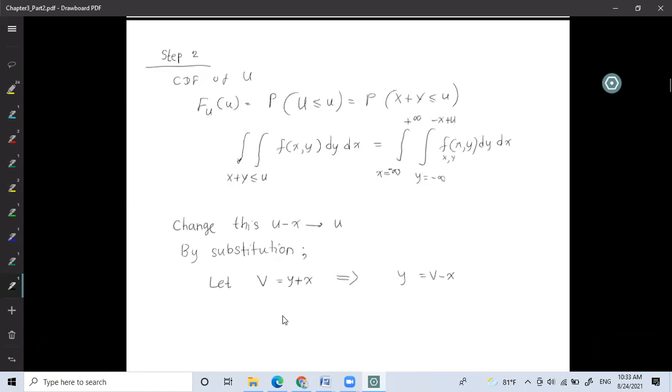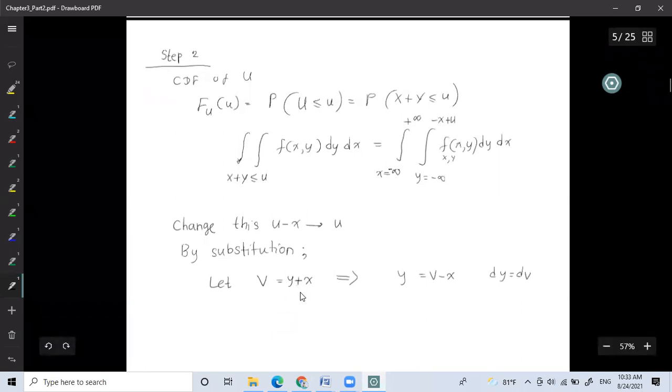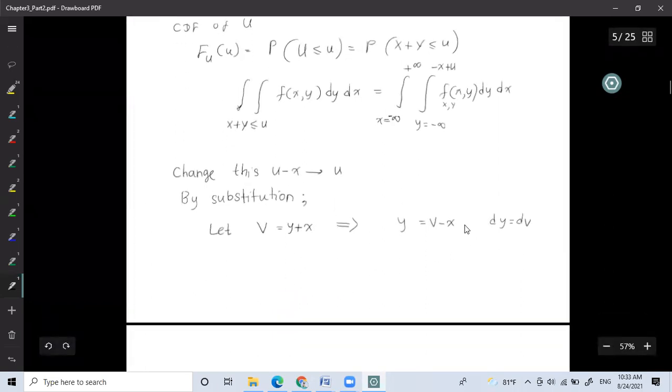If you take y, this will be v minus x. And then if you do the derivative, dy will be dv. I'm not going to explain all the smaller steps when you do the substitutions, how you change these derivatives.